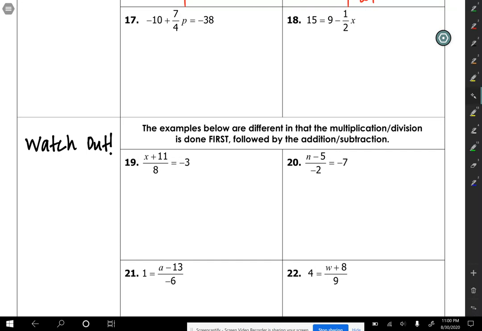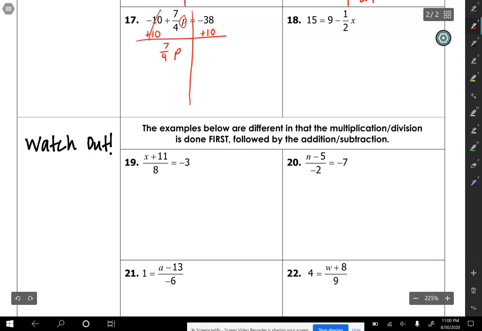Number 17. -10 plus 7/4 times p equals -38. So I can add 10 to both sides. Okay, cancel those out. 7/4 times p equals -28.